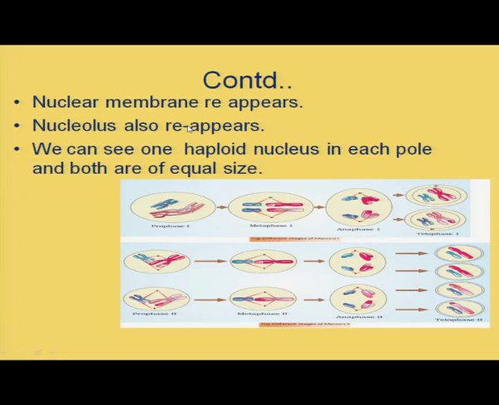Nucleolus also reappears, and we can see one haploid nucleus in each pole, and both are of equal size. In each pole we can see one haploid nucleus in each cell. So, total how many nuclei can you see here? 4 nuclei you can see here, and all are of equal size.